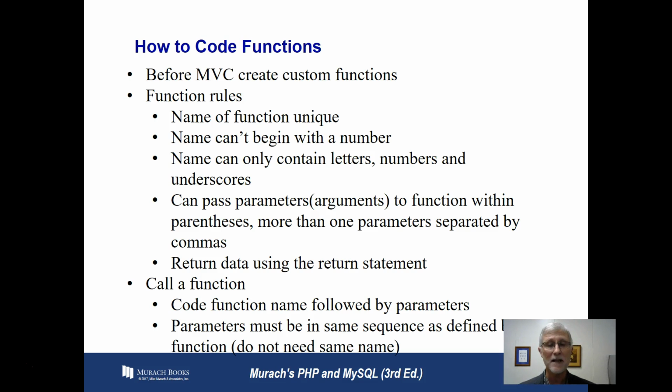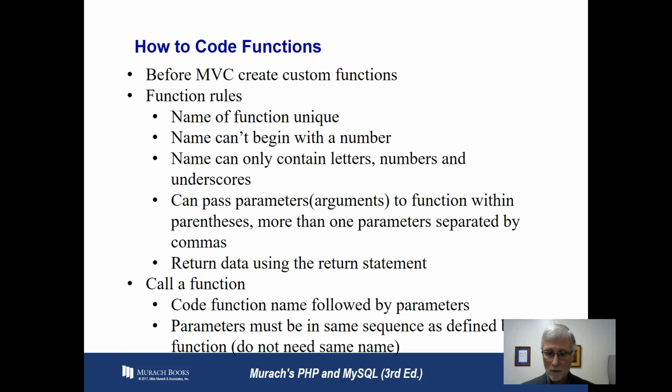Now, when you're calling a function, you give it the function name followed by the parameters. So if there are no parameters, it'll be the name, left paren, right paren, semicolon, boom, done. If there are parameters, they have to be in the same sequence as defined by the function.